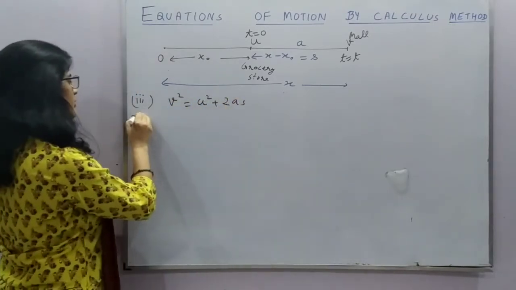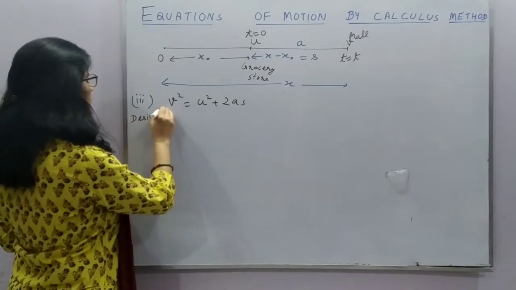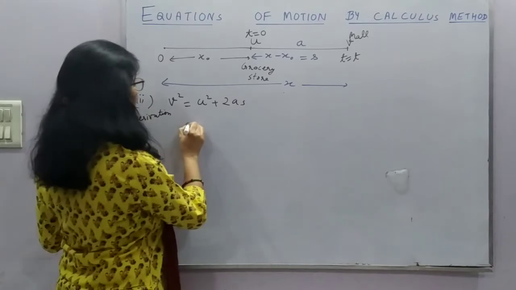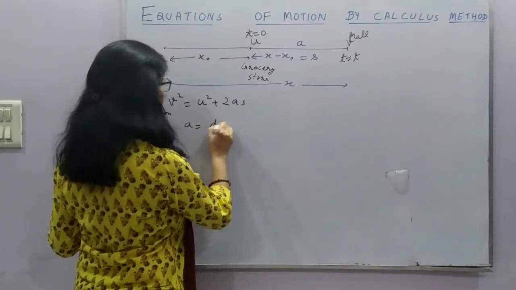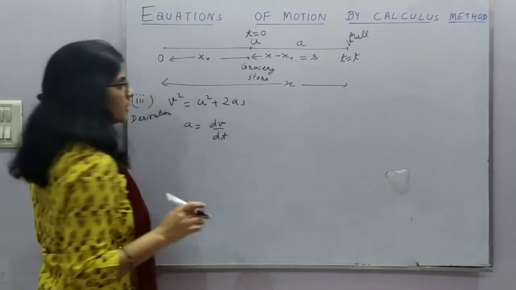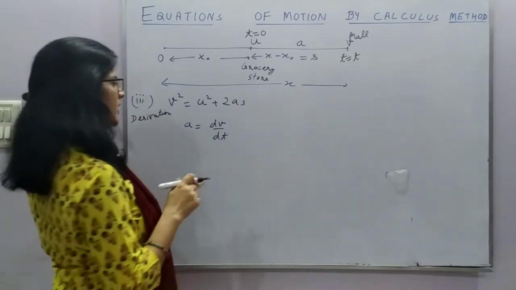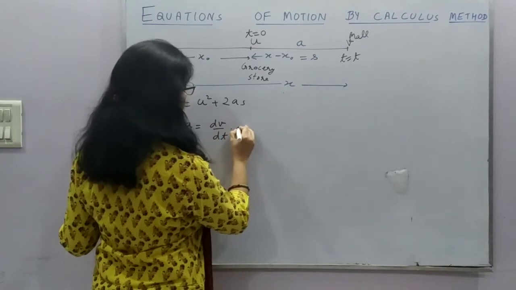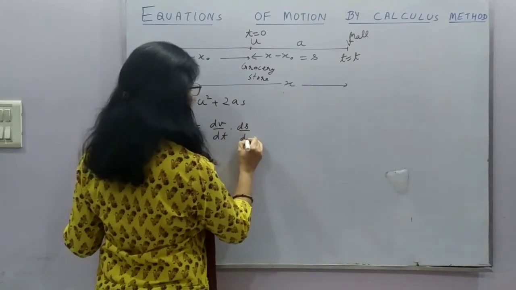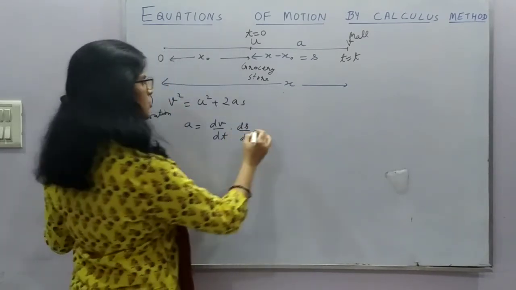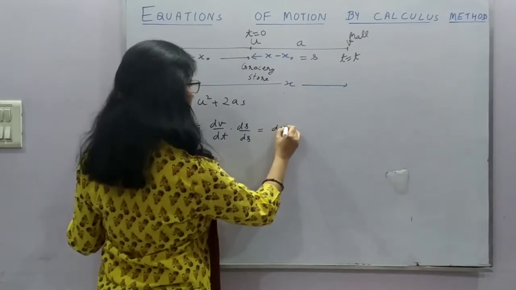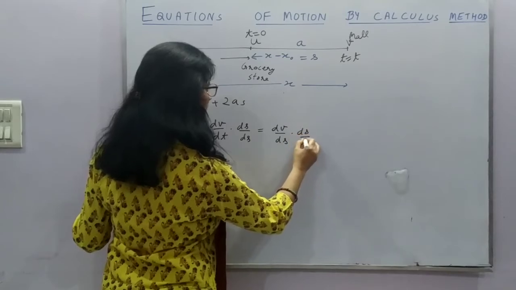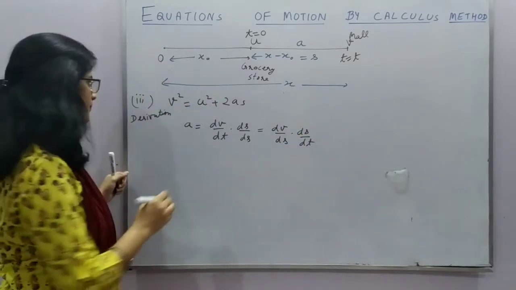Now what is the derivation? We will start from a is equal to dv by dt. Now we have studied the chain rule, and even if you don't remember the chain rule, we can do one thing. We can multiply and divide this by ds. So that way we can rearrange it and write it like this, no problem, right?